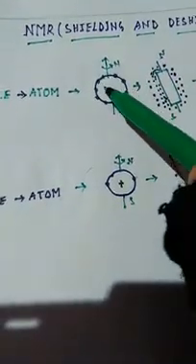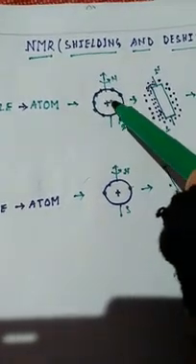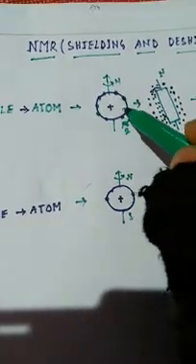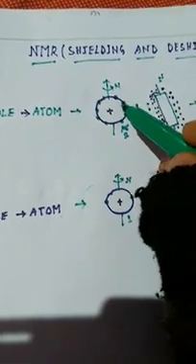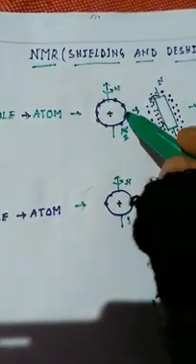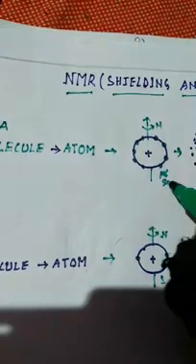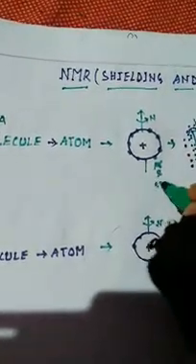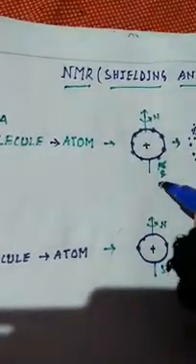Since a large number of electrons are present around the nucleus, as I discussed in a previous video, if the inner shells contain a large number of electrons, it is highly shielded.